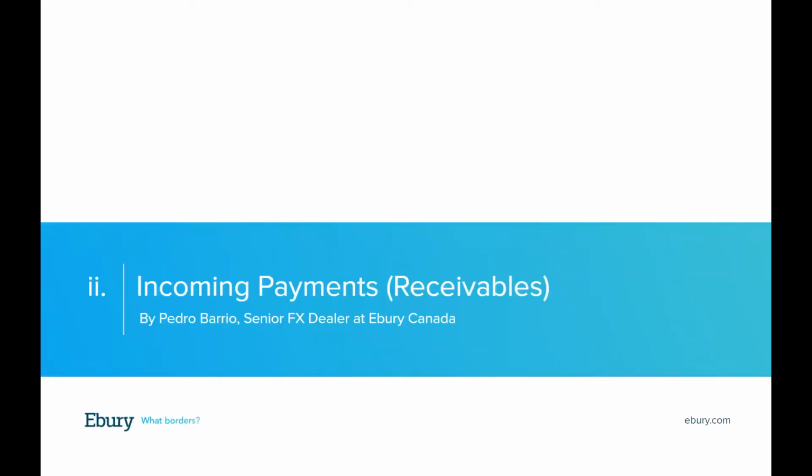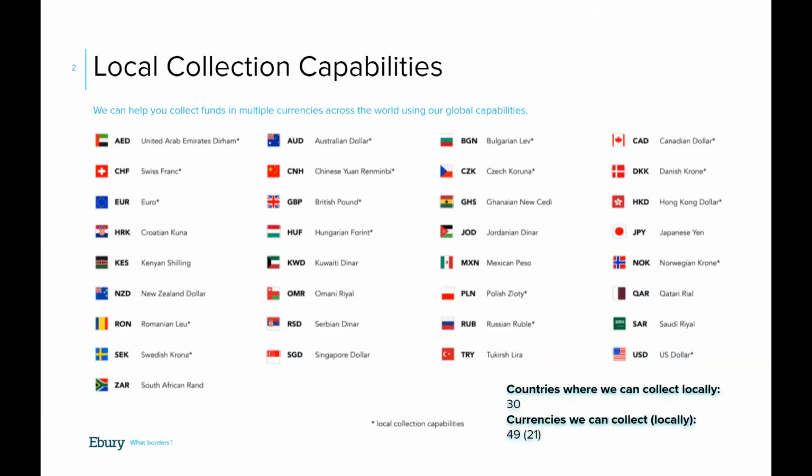On the incoming payment side, so receivables, this is another area where we've got very strong capabilities that are very useful to our clients. The idea here is to utilize that same web of Ebury offices we work with around the globe to allow our clients to collect or channel funds from clients internationally. Here's a very quick graphic example of the countries where we can collect locally.